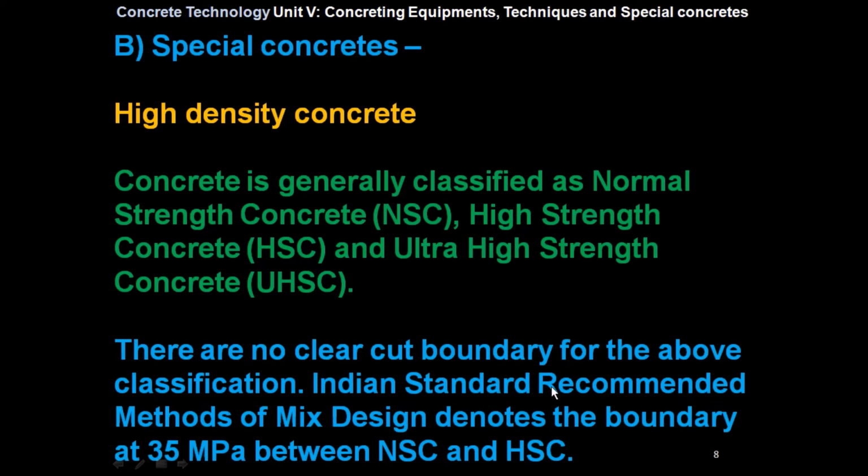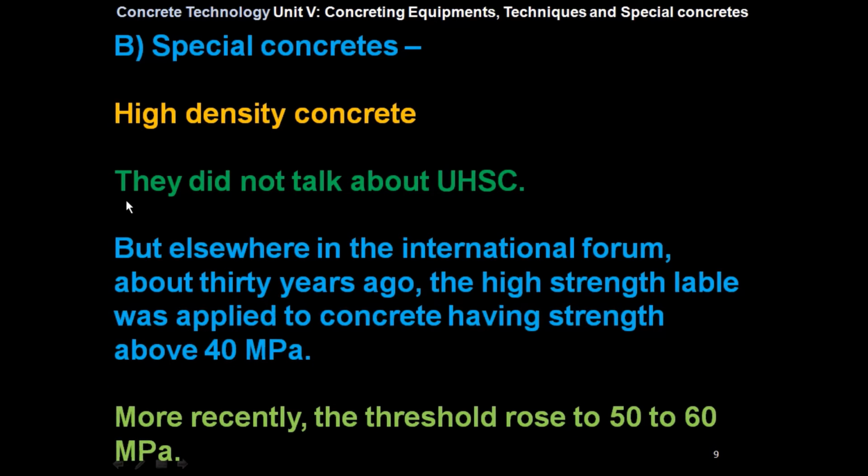Indian standard recommended methods of mix design denote the boundary at 35 megapascal or Newton per millimeter square between NSC, that is normal strength concrete, and HSC, that is high strength concrete. They did not talk about UHSC, that is ultra high strength concrete.